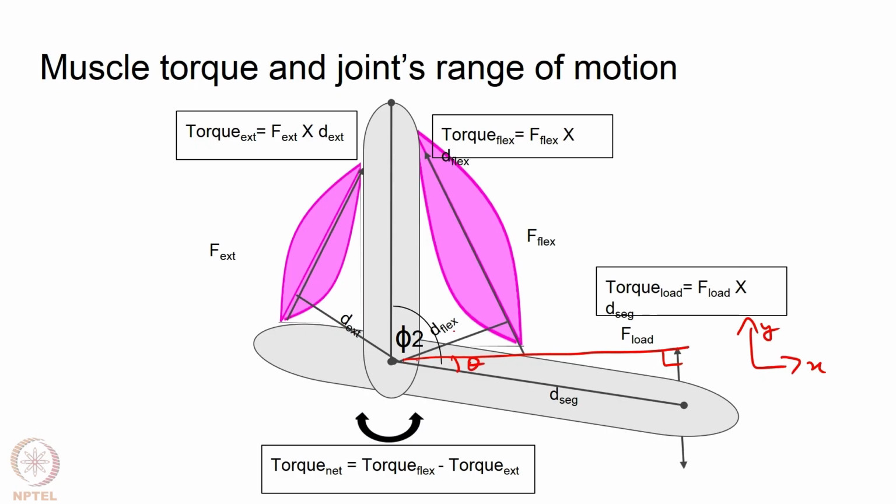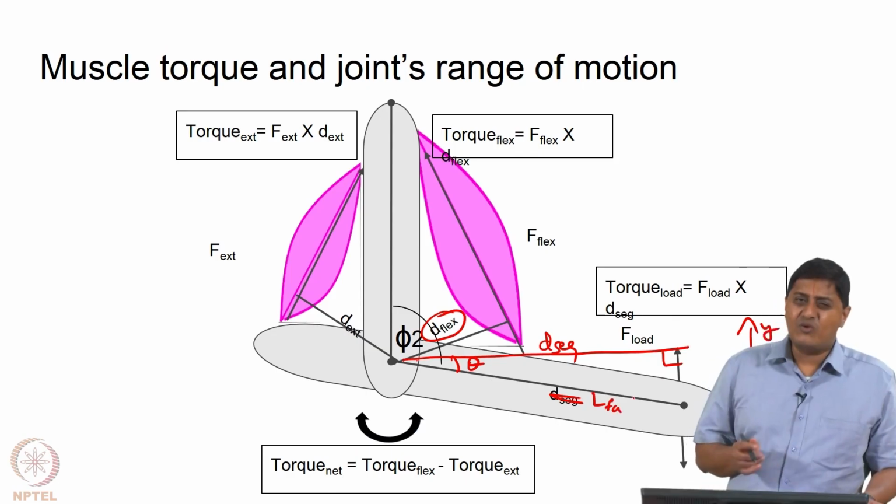So once again d_flex is going to be small in comparison with d_seg, which is essentially the forearm length, something of that.